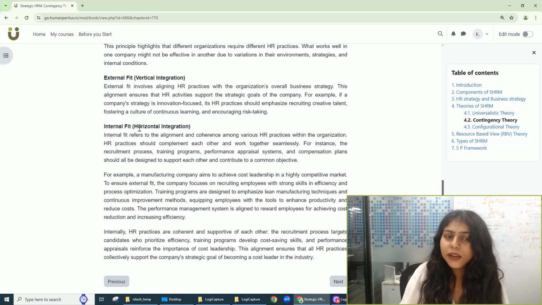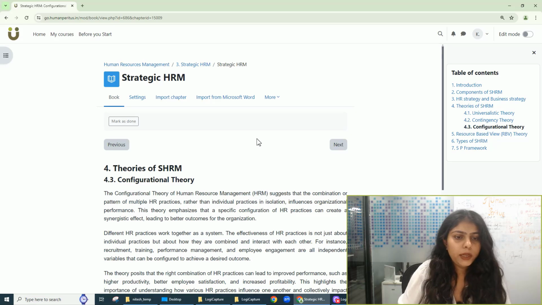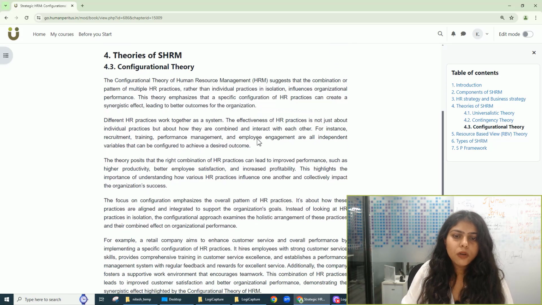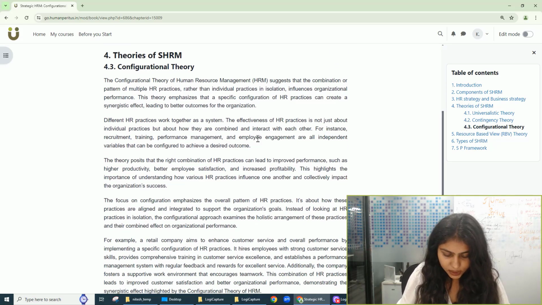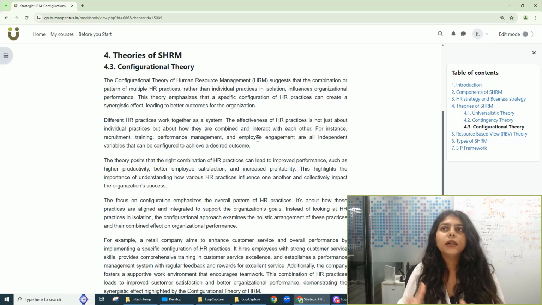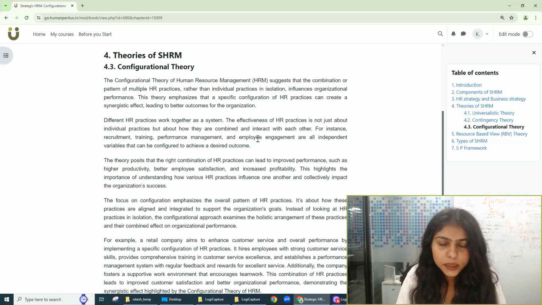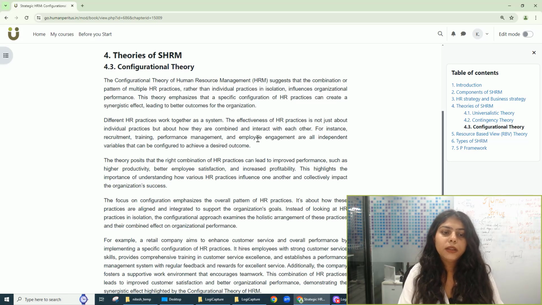From contingency, we move on to the configurational theory. What the configurational theory essentially suggests is that there are certain practices that should be bundled together, or done together, in order to achieve the maximum potential a company could reach.